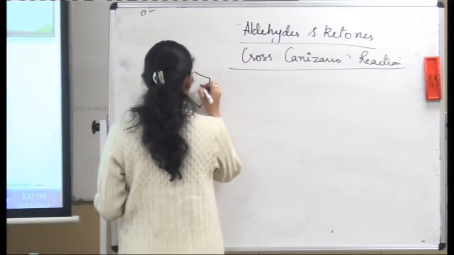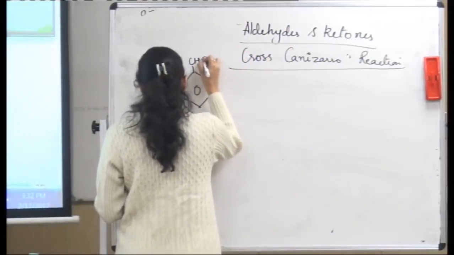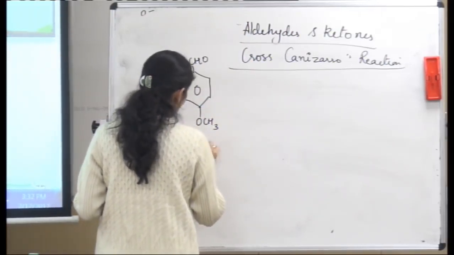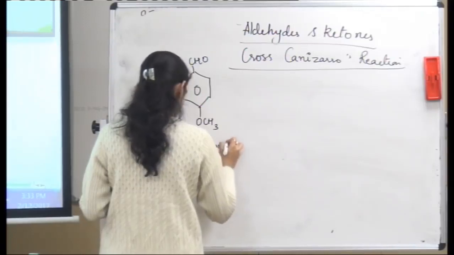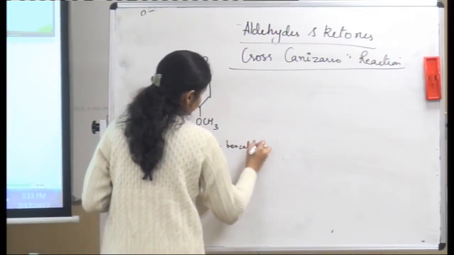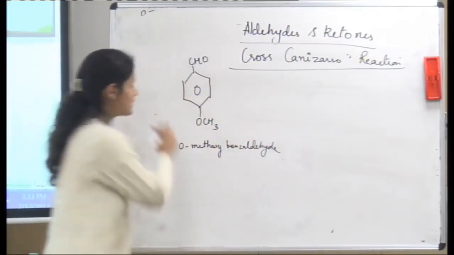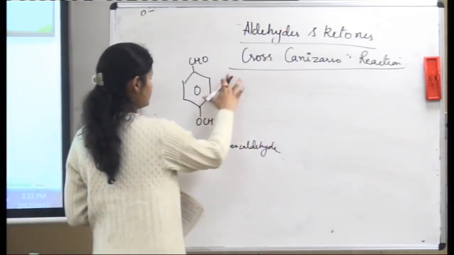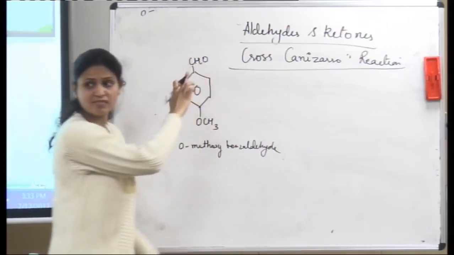So suppose I am taking benzaldehyde with this substituent, it is O-methoxy benzaldehyde. Does this compound have alpha hydrogen?